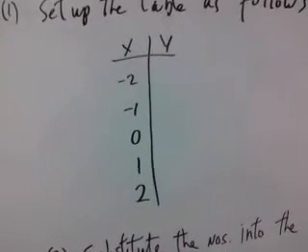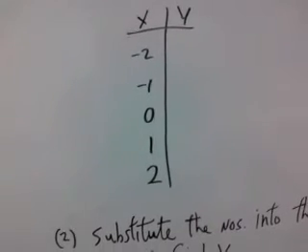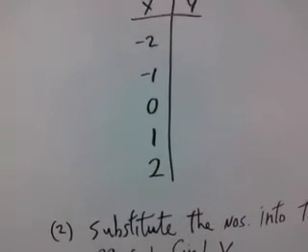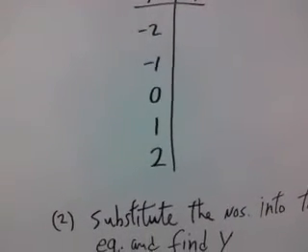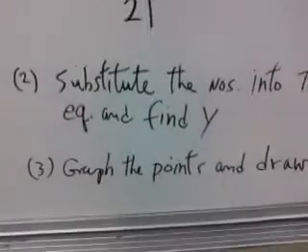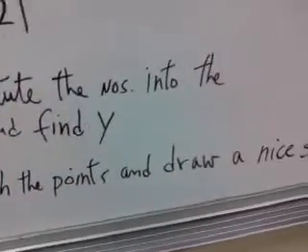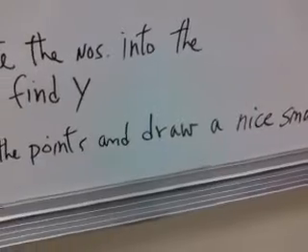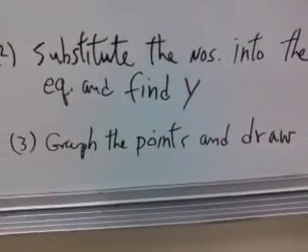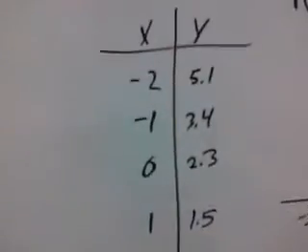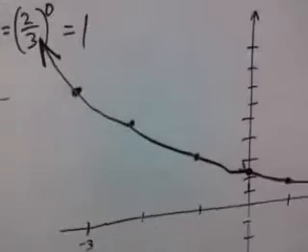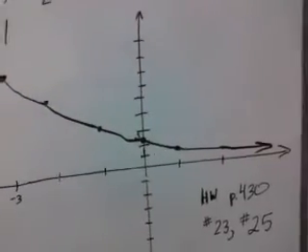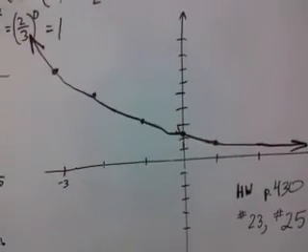If you need to add a number, if you don't have a nice smooth curve, add a number on. It's best to use graph paper. You substitute these numbers into the exponential function, and you find the values for y. And then all you have to do, once you get the value for y, you just graph your points, as I've done here, and draw a nice smooth curve through your points. That's it.